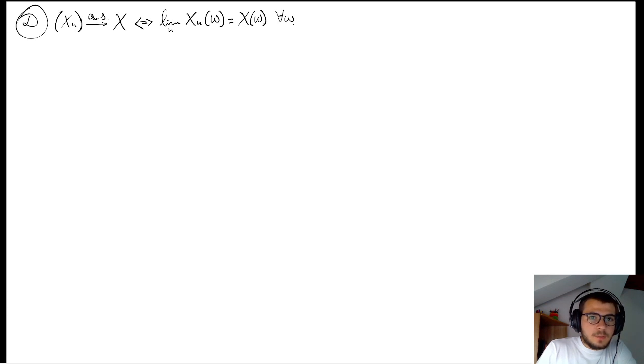Let's take a look again at the definition of almost sure convergence. We say that a sequence of random variables Xn converges almost surely to X, to random variable X, if and only if the limit of Xn(omega) is X(omega) for any omega in the sample space.